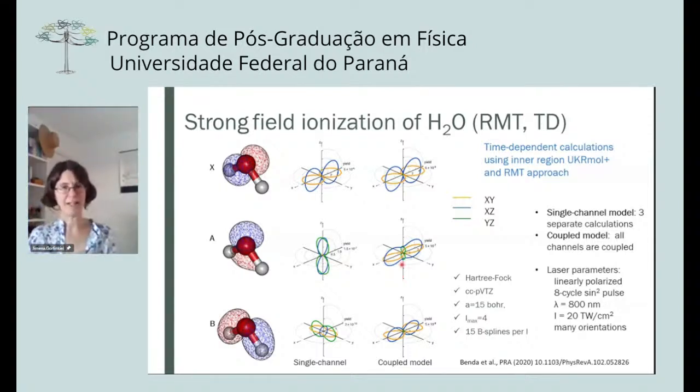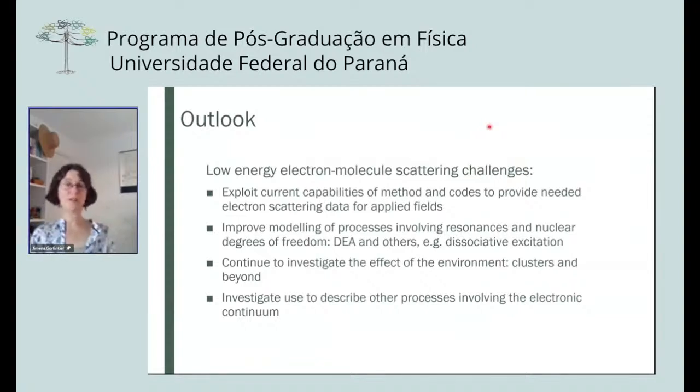So I'm coming to the end of my presentation, and I want to summarize what I've told you, and I hope I've managed to explain that we can do a lot, and there's a lot to do when one studies low energy electron molecule collisions, that we've got methodology and software that we can exploit to provide data that is needed in applied fields, for example, medicine, plasma physics, etc. That there are processes that we can't model that well.